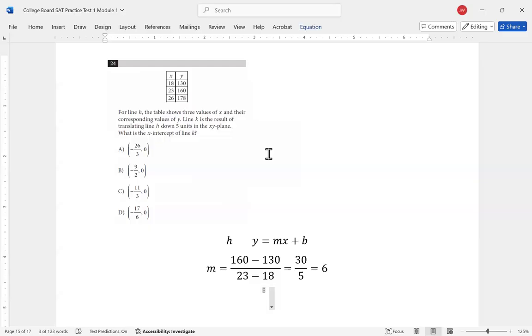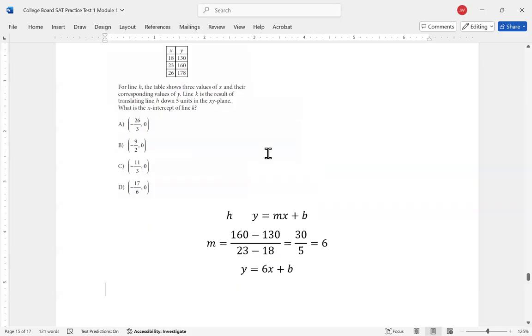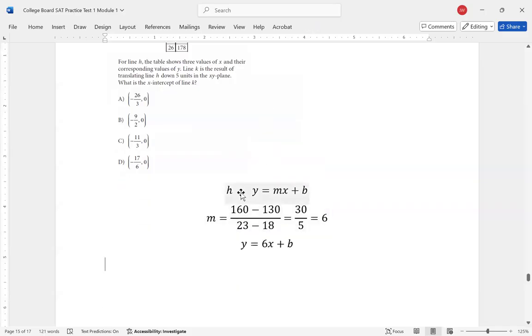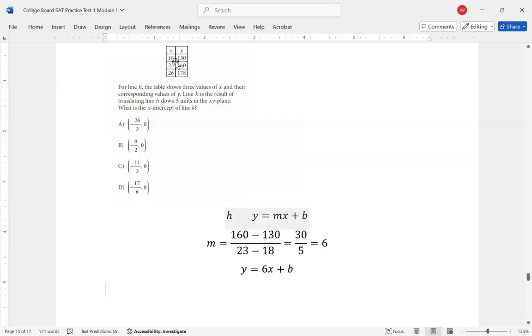Once I figure that out, I can write y equals 6x plus b, and I can find the b by plugging in one of these points. It doesn't matter which one. You can plug in the point (18, 130), the point (23, 160), or the point (26, 178). The point I'm going to choose to plug in is (18, 130).